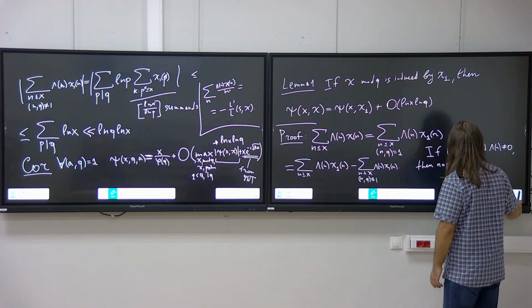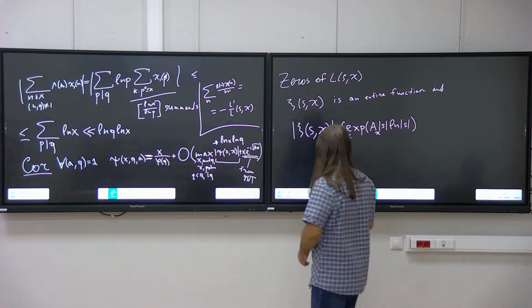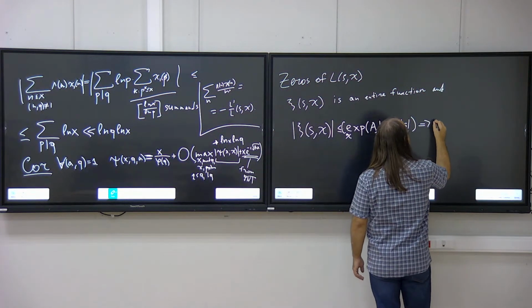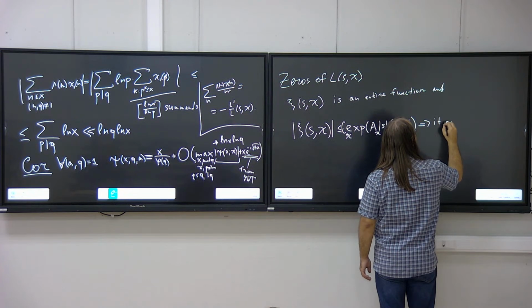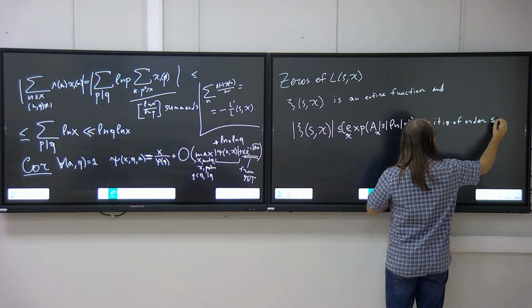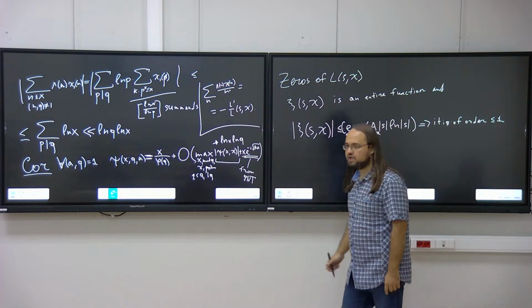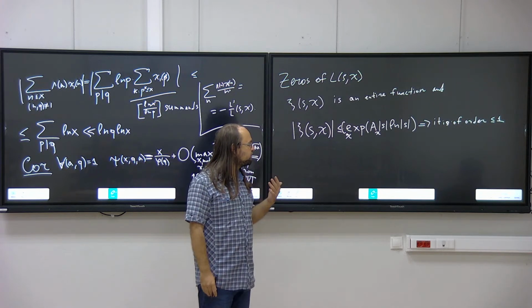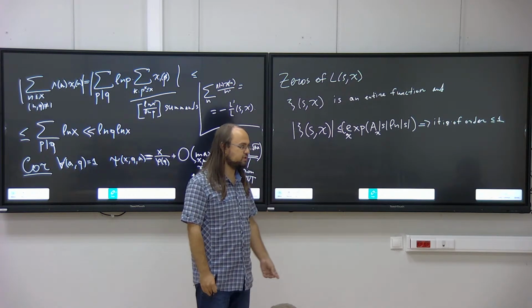So we have such a bound. It is of order at most 1, and so we have an expansion in terms of zeros.